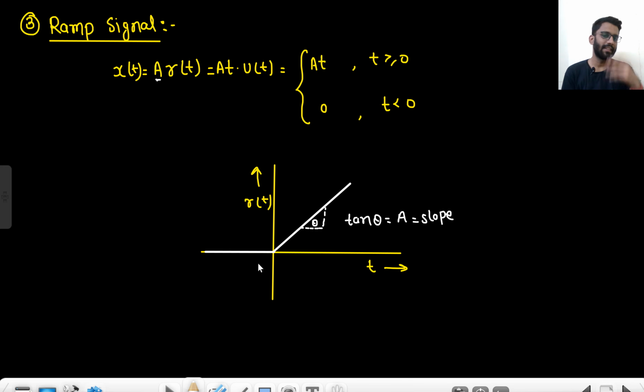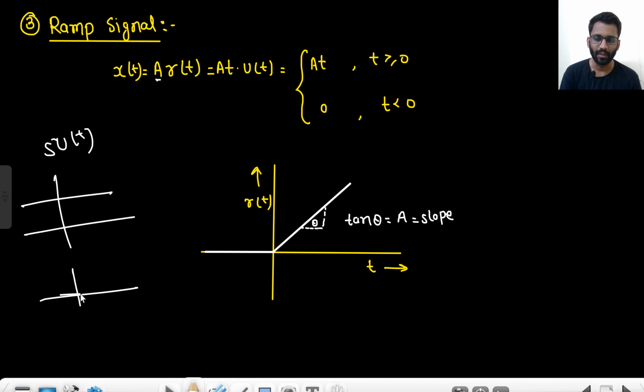Basically, if r(t) is written, that is At into u(t). If somewhere u(t) is written, that means they are eradicating the part before t less than 0. Let's assume 5u(t) is written. That means it is the multiplication of 5 and u(t). So this value will be multiplied with 0 and will be 0 only.